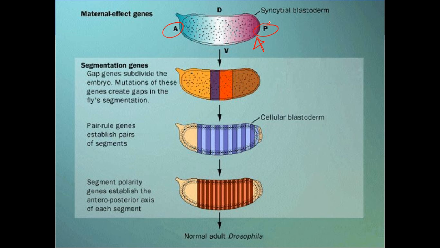Okay? These gap genes are going to encode transcription factors, and these transcription factors are going to directly control the expression of another set of genes involved in further segmentation of the larvae.